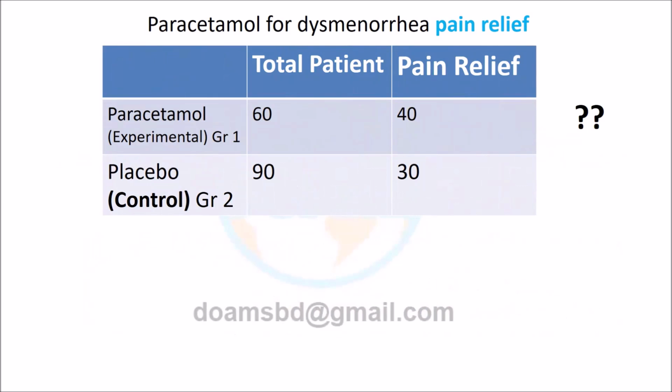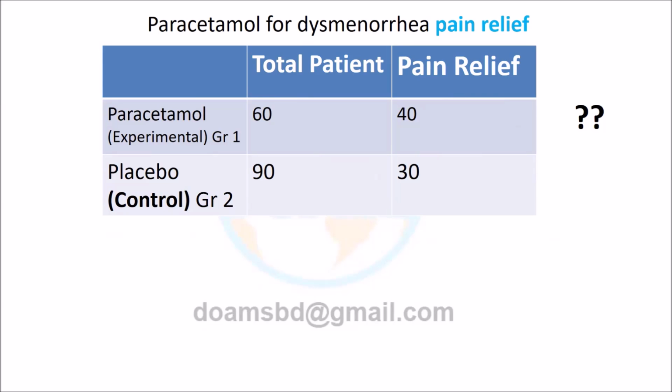In the paracetamol group, 2 outcomes. Pain relief 40. Pain not relieved, how many? Total patients is 60. So pain relief 40, pain not relieved 20.